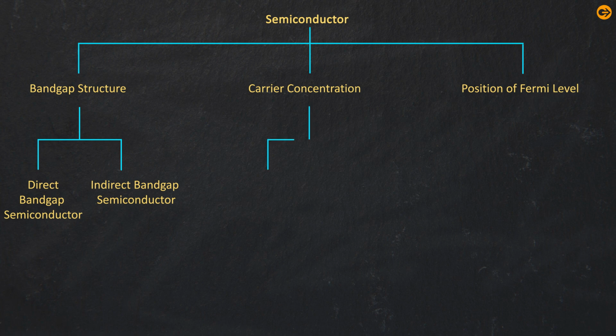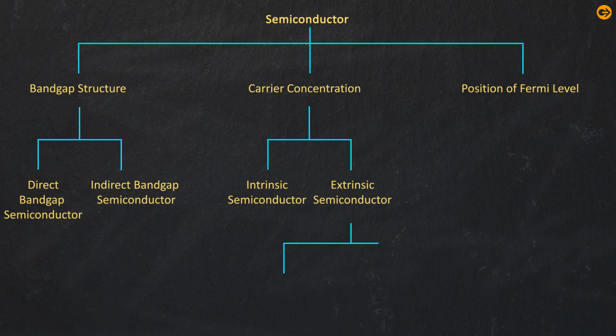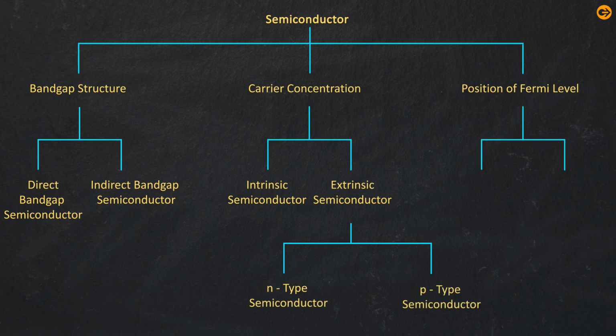Carrier concentration is divided into intrinsic and extrinsic semiconductor, and there are two types of extrinsic semiconductor, that is N-type semiconductor and P-type semiconductor. The position of Fermi level is again classified into two categories, that is degenerate semiconductor and non-degenerate semiconductor.